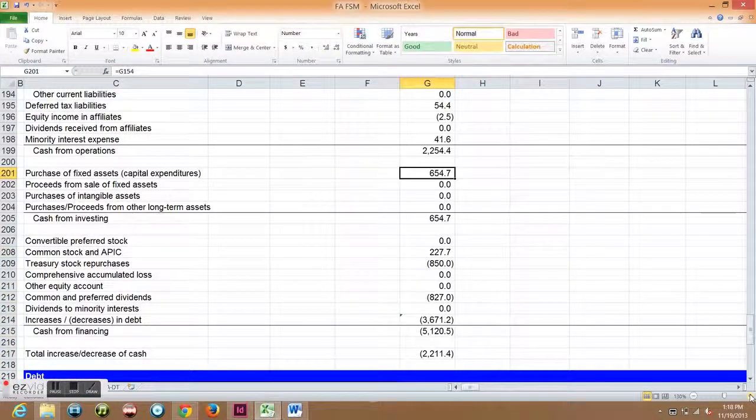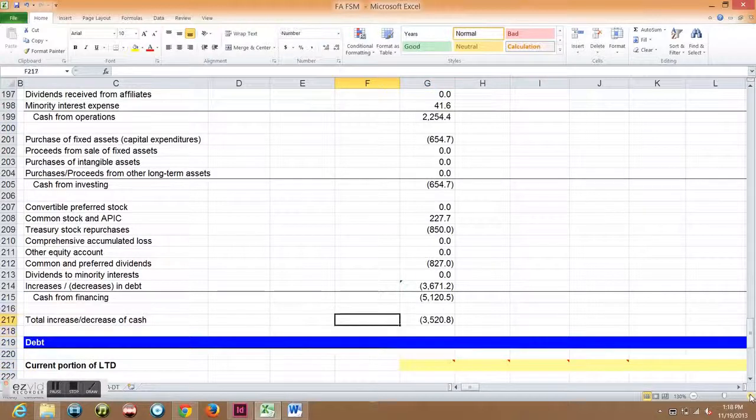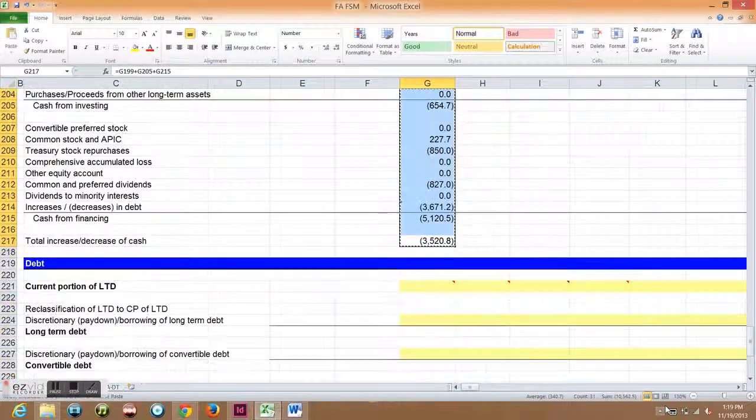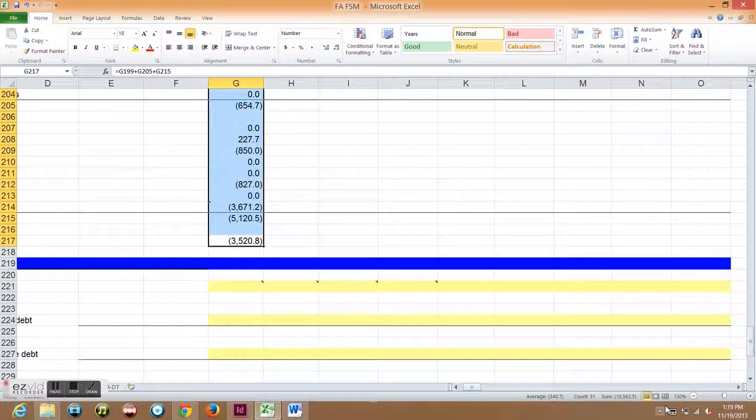I did make a mistake here. This is going to be a negative, and the reason this is going to be a negative is because of purchases. We're making a purchase. That means there's a cash outflow. That's why this is going to be a negative. Great, awesome. So now we can just go up, copy, paste. Okay, did not paste at all.